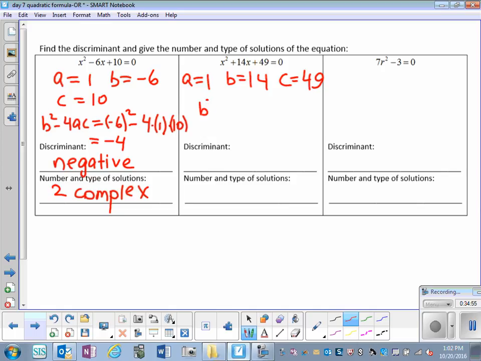So b squared minus 4ac is what? 14 squared minus 4 times 1 times 49. What is the number? That's 0. Yes, I get 0 too. So my discriminant is 0. What kind of solutions will we have and how many? One real. Very good.